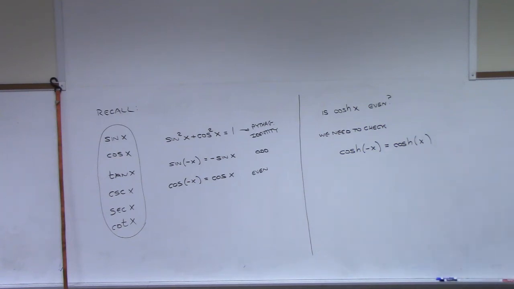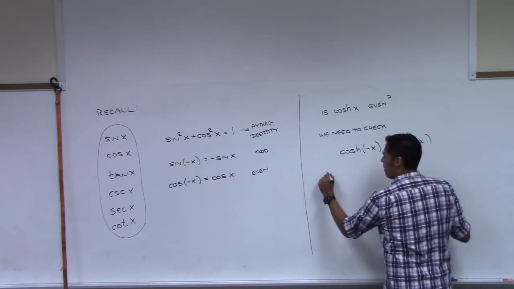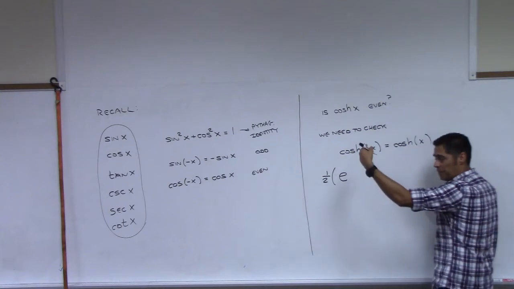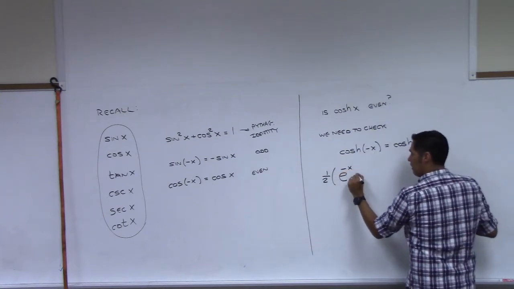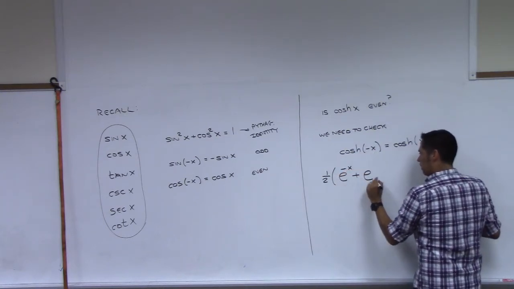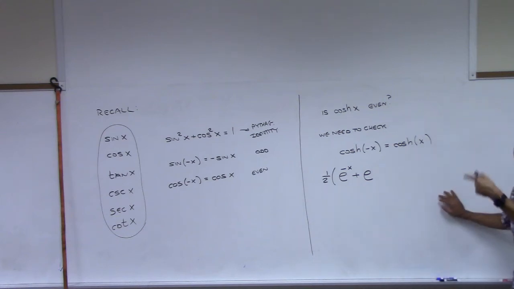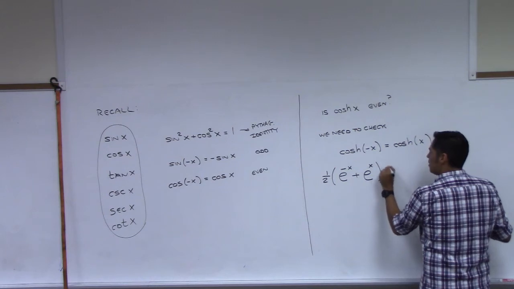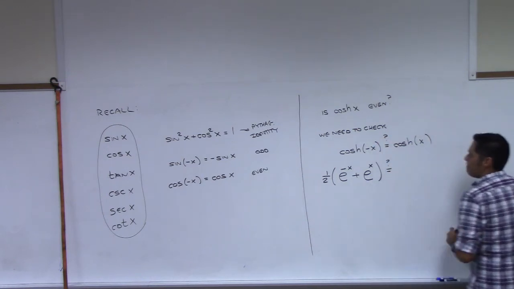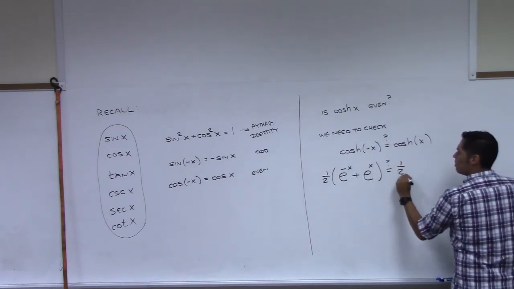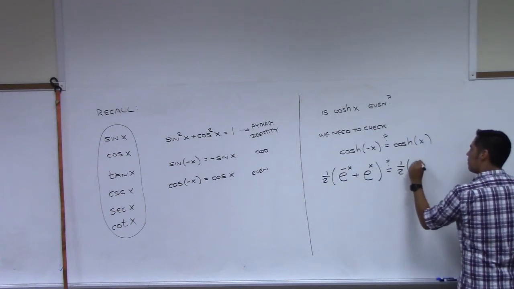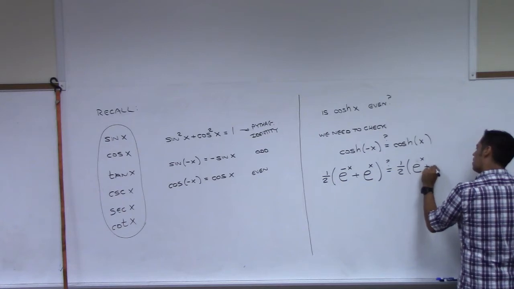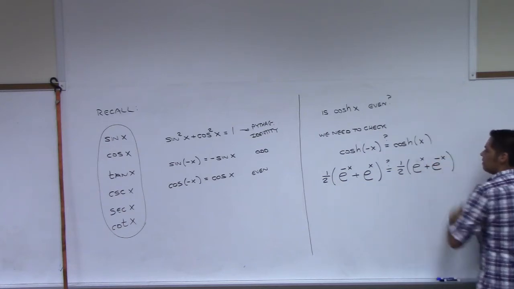Are those the same? If we plug negative x into the formula, where it was e to the x, it's going to be e to the negative x, plus e to the negative x, so e to the positive x again. And the question is, is this equal to cosine hyperbolic x, which is the definition?